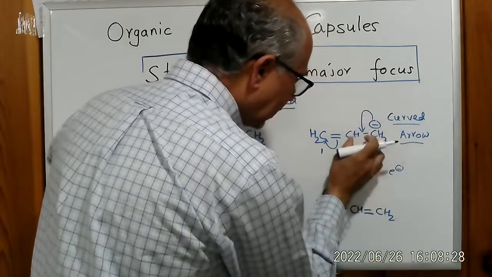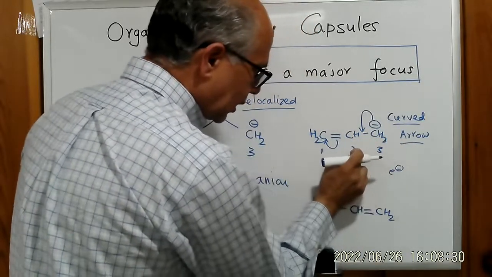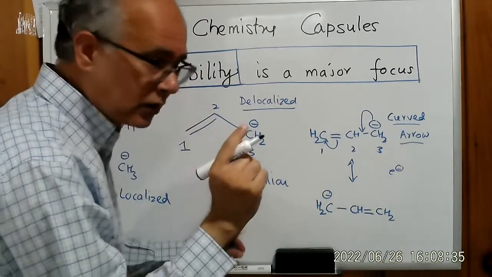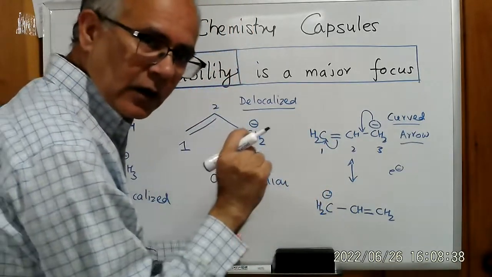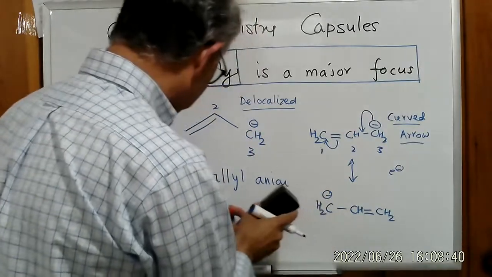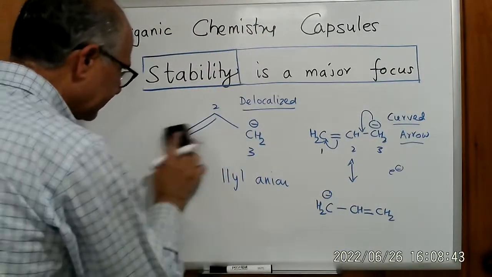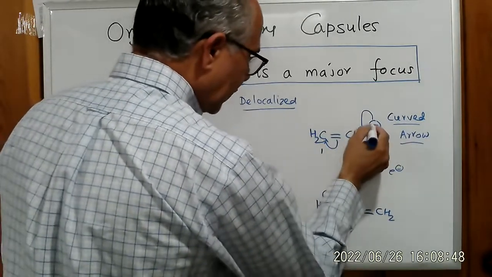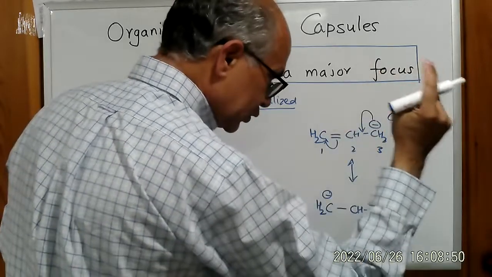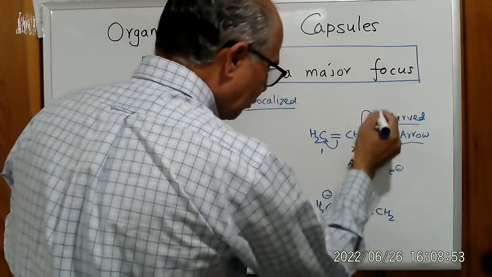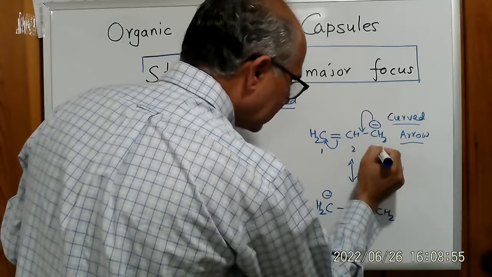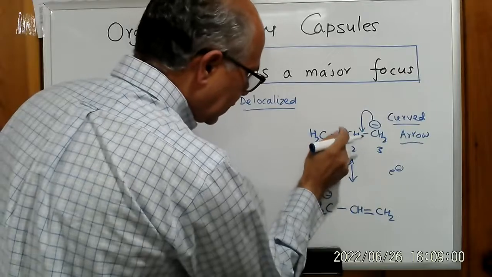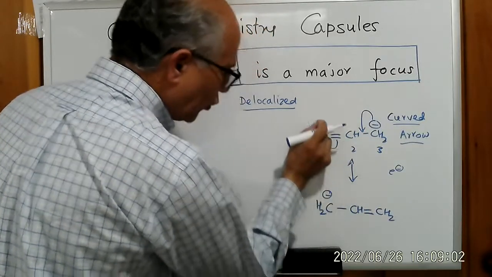These two electrons are forming a double bond between carbon 3 and carbon 2. In this picture right now, the negative charge, which means two electrons on carbon 3, moved in to form a double bond between 3 and 2, and I have simultaneously shown that the double bond between 2 and 1 moved to carbon 1.